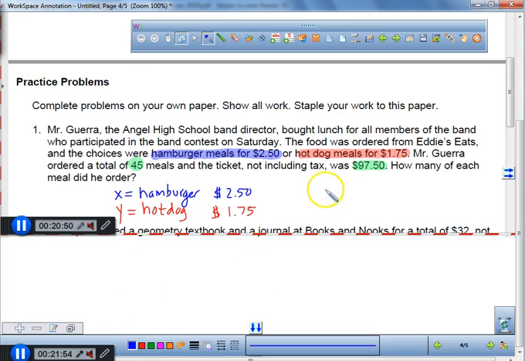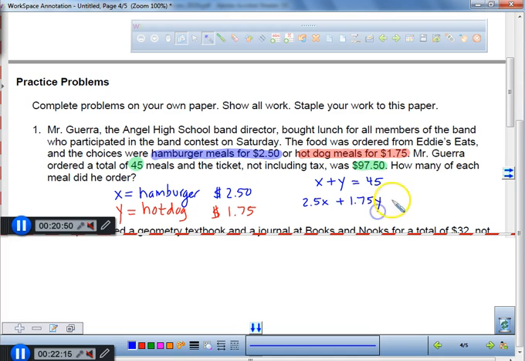So the first equation that you should have written down on your paper is x plus y equals a total of 45. And then you should put the money with it. So you should have written 2.5x plus 1.75y equals the grand total of $97.50.